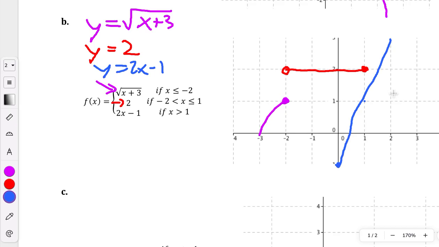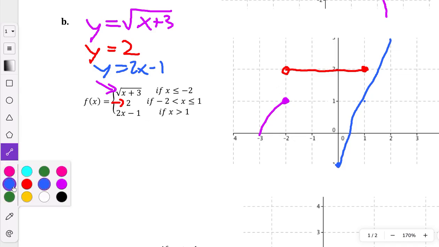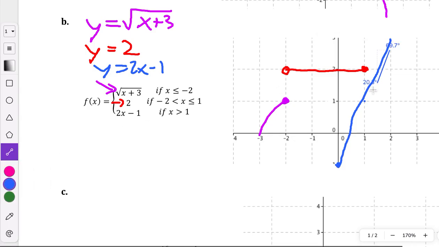But again, the domain has restrictions. It's actually only this part. Why is this so hard for me? You know what? At this point, I'll do the proper line. There we go.